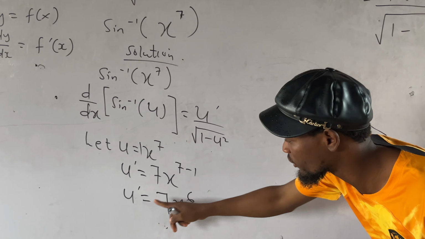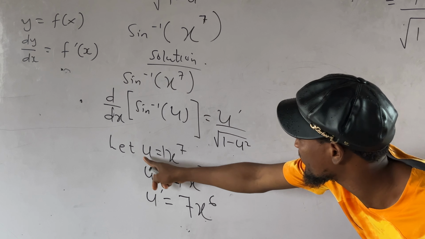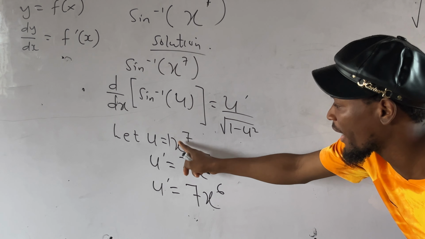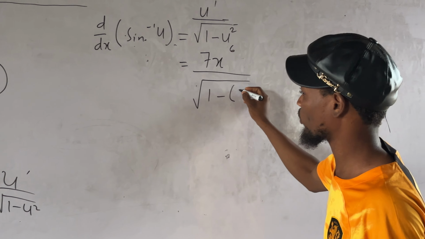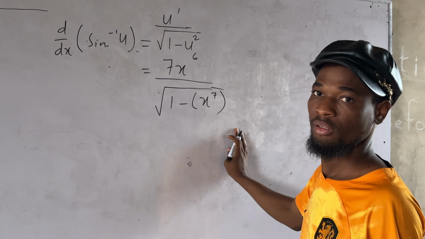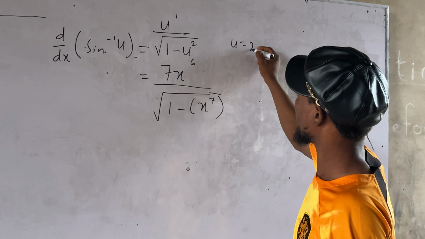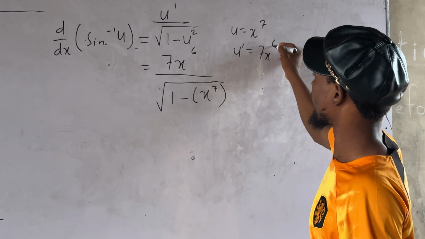Be very careful. This is u prime, but here we want u. We said let u equal x to the power 7, and u prime is equal to 7x to the power 6.